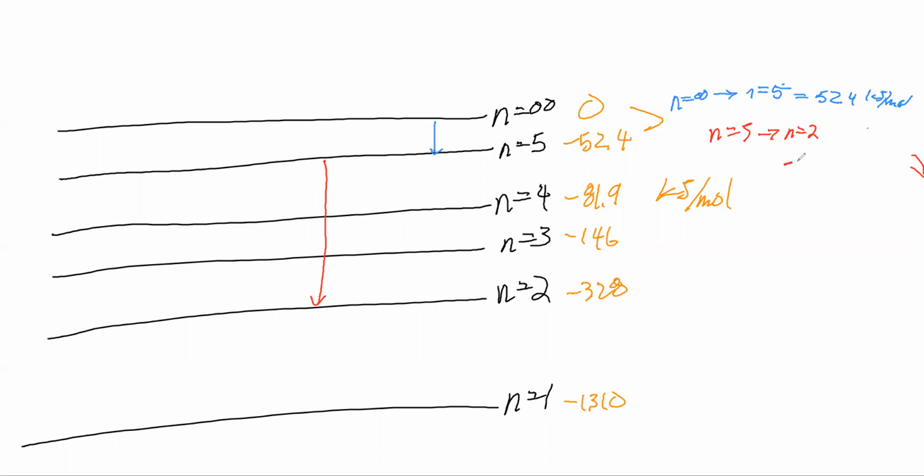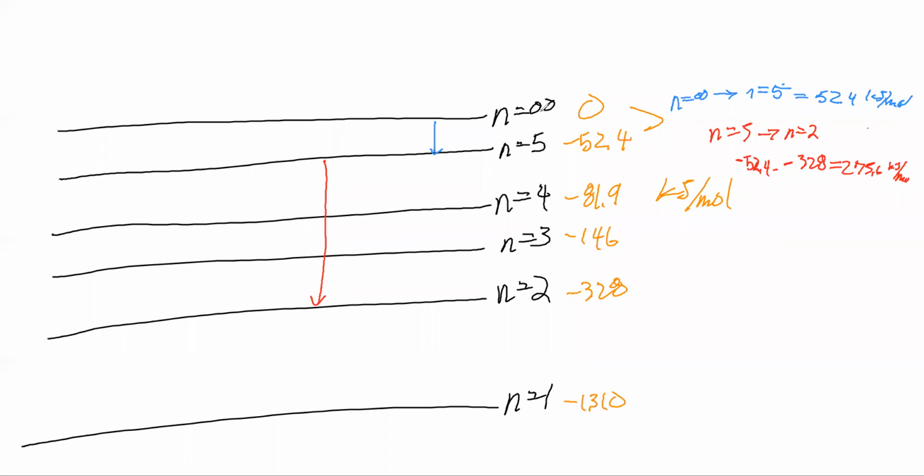So negative 52.4 minus negative 328. And that would give me my energy of 275.6 kilojoules per mole. And that's how much I would have to be releasing in order to make that happen.